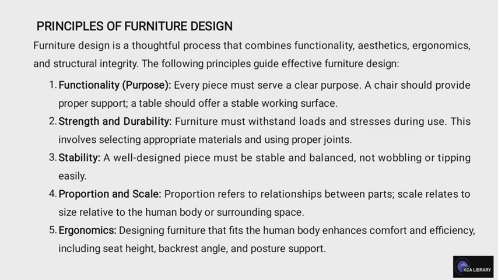Proportion refers to the relationship between parts, while scale relates to size relative to the human body and also the surrounding space. Then ergonomics. Designing furniture that fits the human body enhances comfort and also efficiency, including seat height, backrest, and posture support.